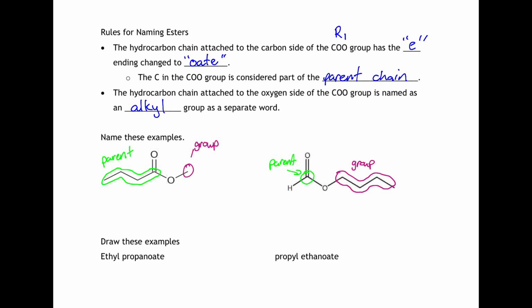How many carbons are in my group? In the first one, the one on the left here, 1 carbon is in my group, so my group name is methyl, right? How many are in this group on the right?